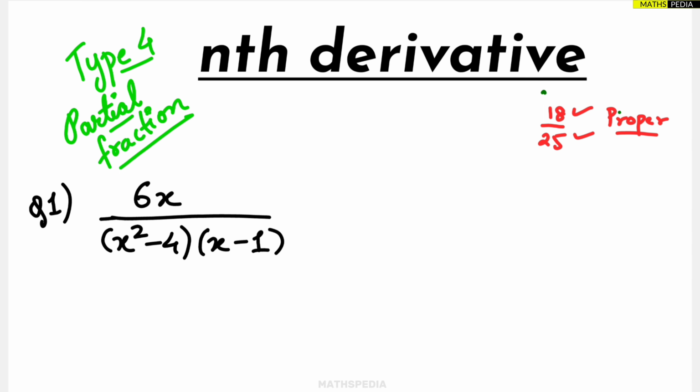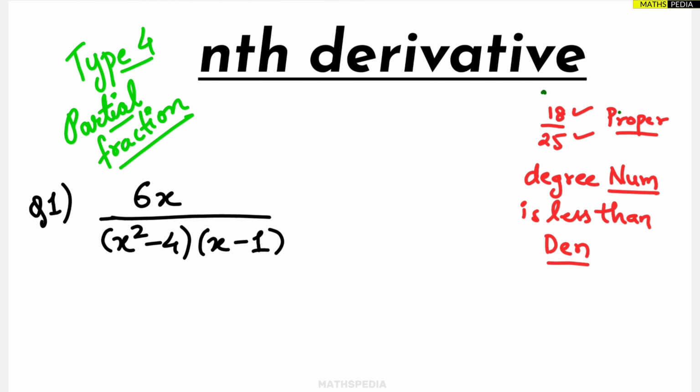We have to see whether the degree in the numerator is less than the denominator. If it is, go for partial fraction. Again I'll repeat, if the degree in the numerator is less than the degree in the denominator, then we have to go for partial fraction.